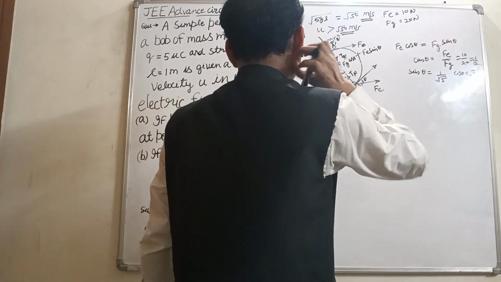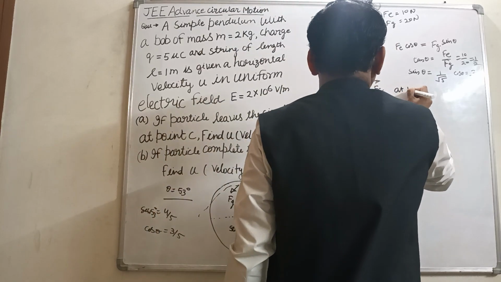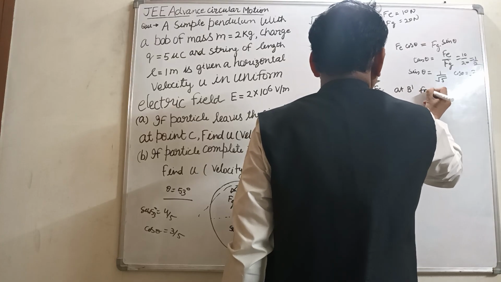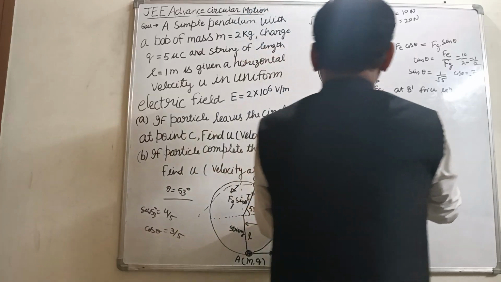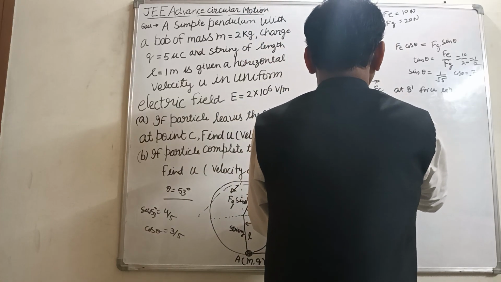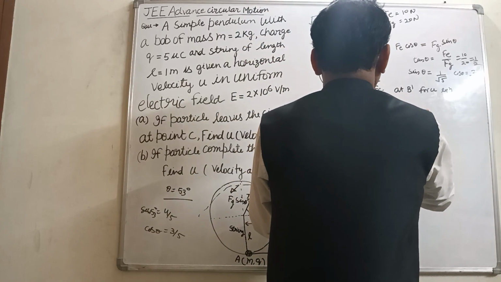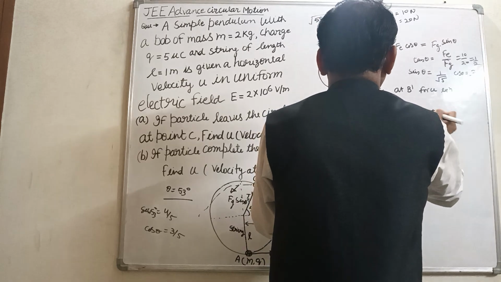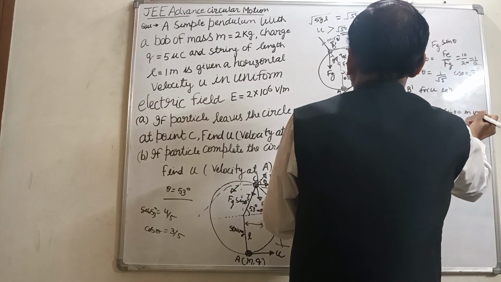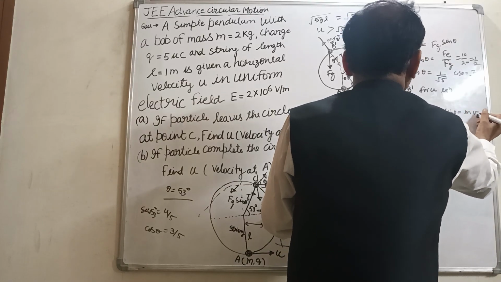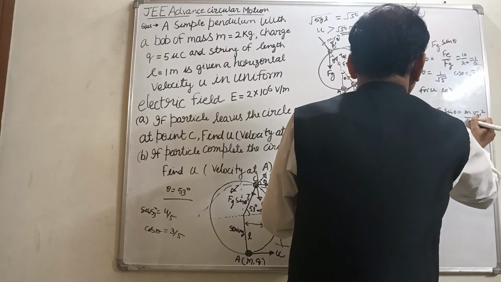So at point B, the force equation would be: T at B dash plus Fg cos theta plus Fe sin theta is equal to mv B dash square upon r.